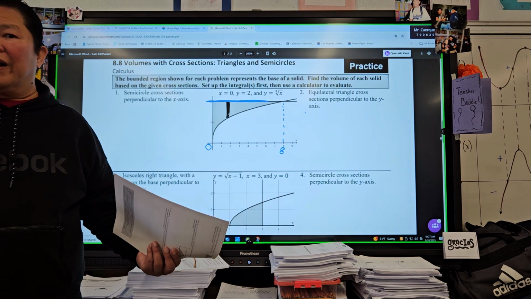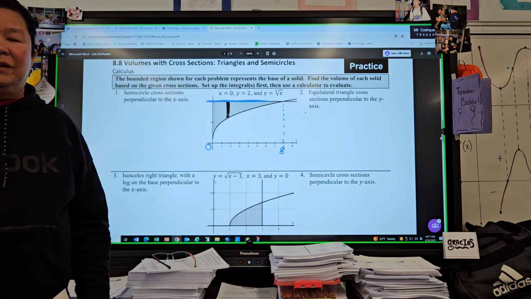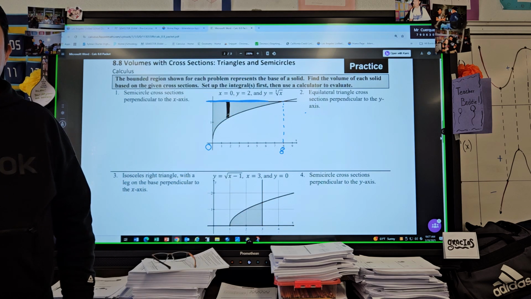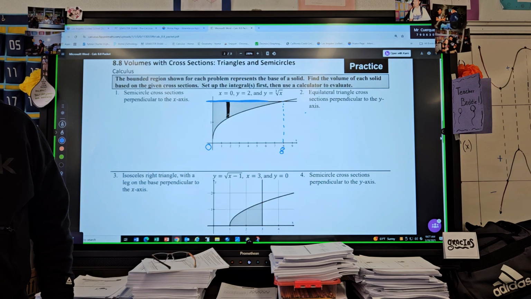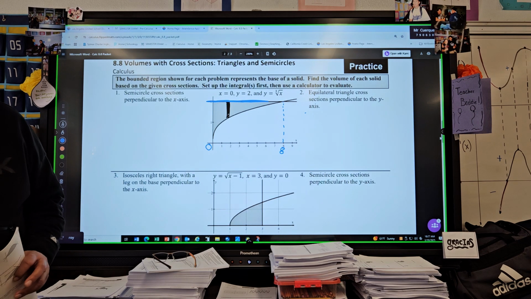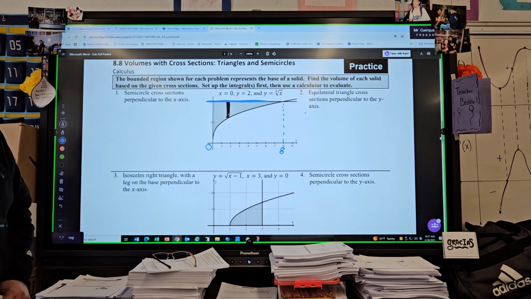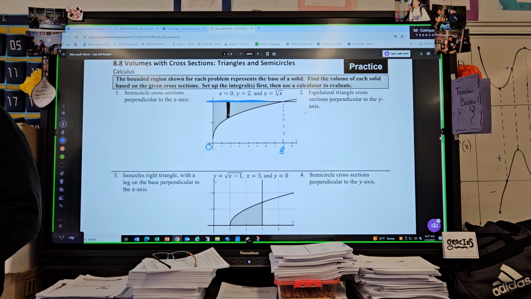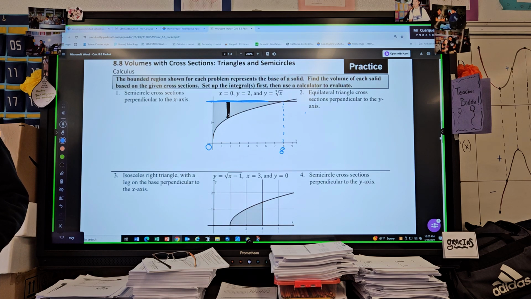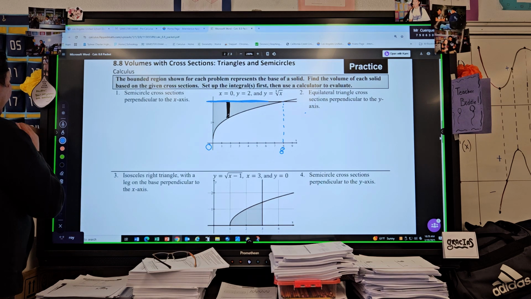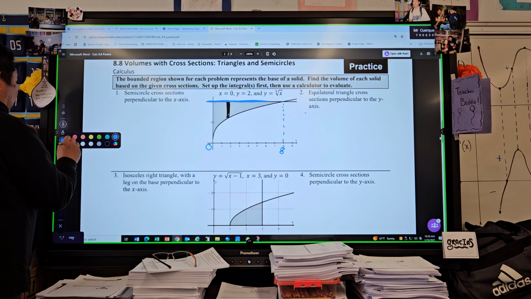And then the difference of the curves, the upper minus the lower. It's a semicircle, that means pi over 2, and then square. So, to start with, how do we write it now?